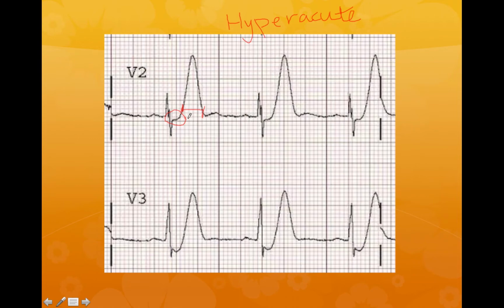So it doesn't always necessarily have to be tall. It just needs to be wide base or a large area under the curve with respect to the QRS complex. So hyperacute T waves can happen even in the first 30 minutes following an acute occlusion.